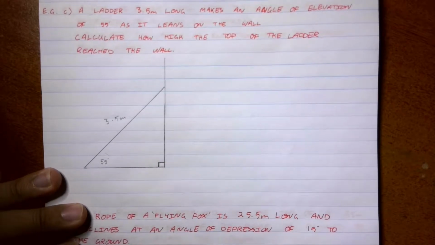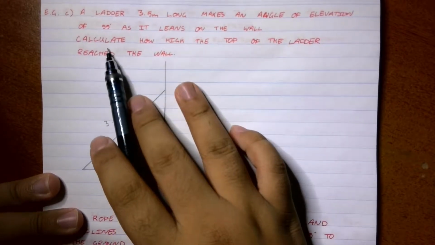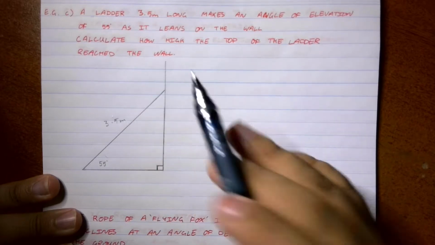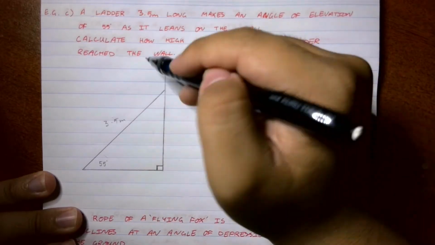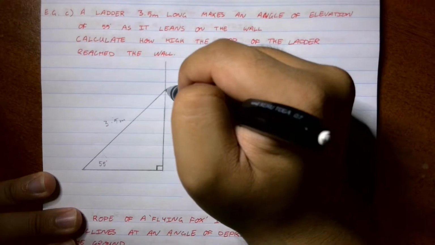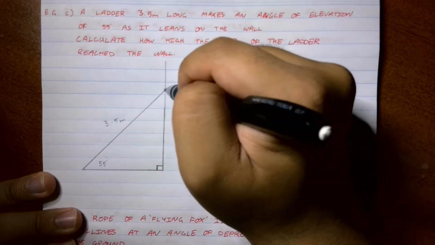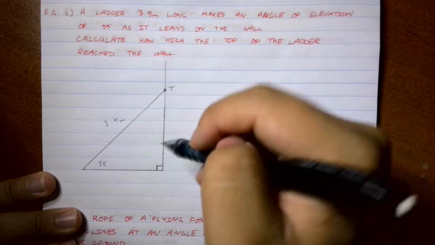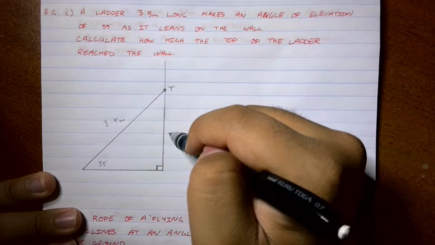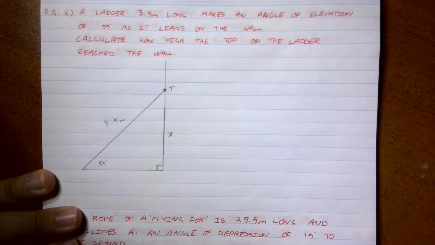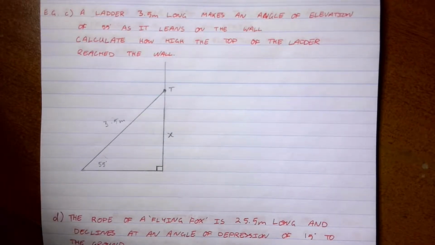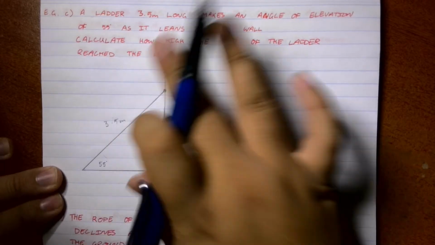So here is our drawing, and now we want to calculate how high the top of the ladder reaches the wall. So here's the top of the ladder. They want to know how high this is from the ground. So let's put this as x. We don't know what that value is. Okay, let's see what we can come up with.